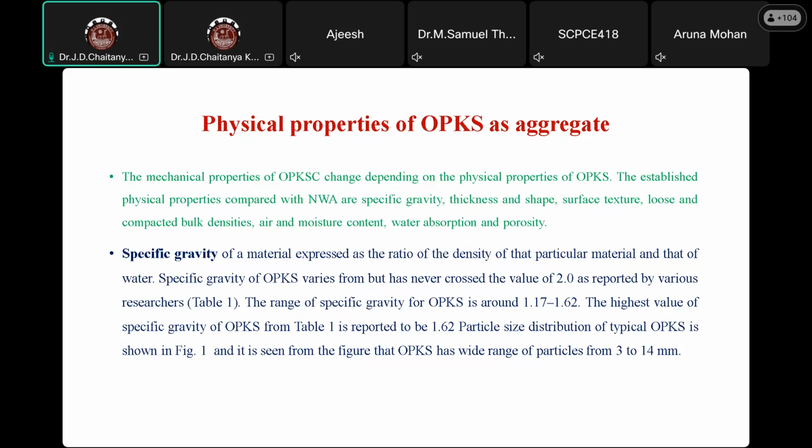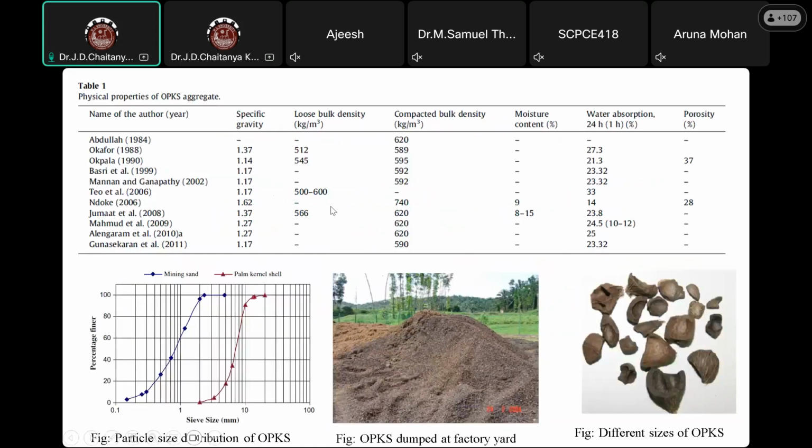Okay, so the specific gravity will also be very much less compared to the coarse aggregate and fine aggregate. It varies from 1.17 to 1.62, so we have a wide range of shell particles. You can observe in this table the previous results for specific gravities, varying from 1.372 to 1.62, right?